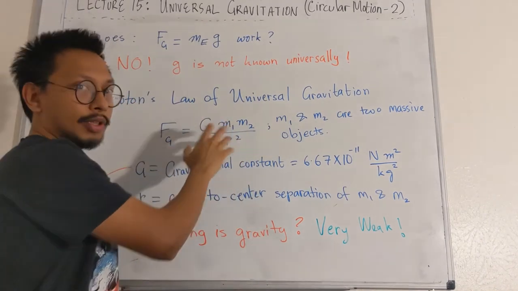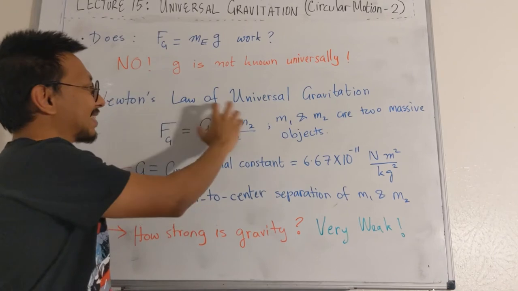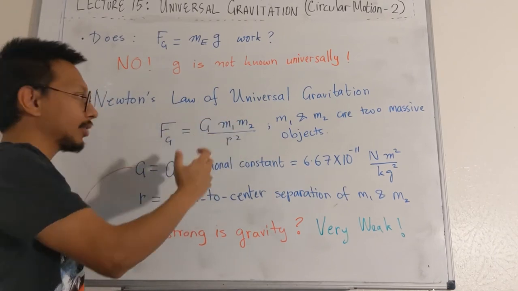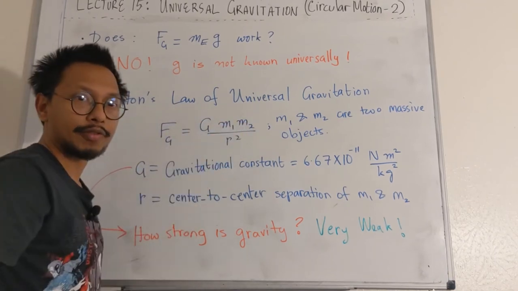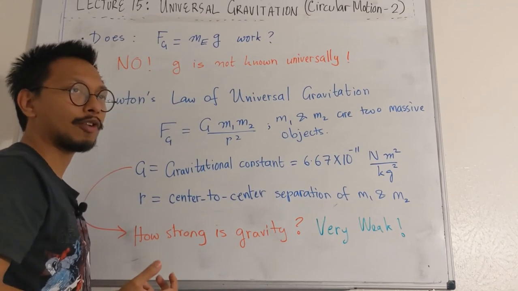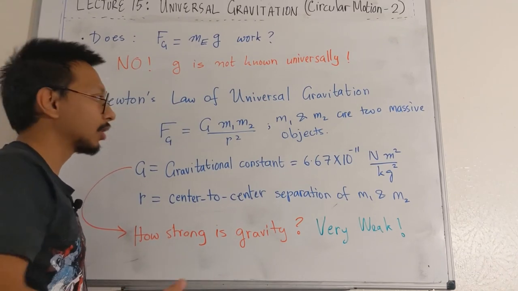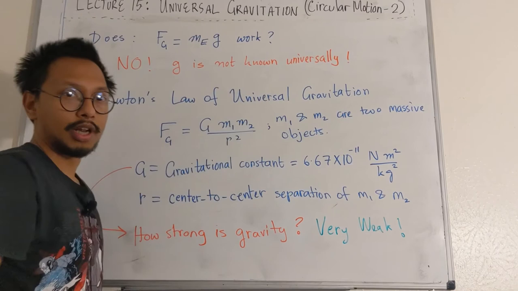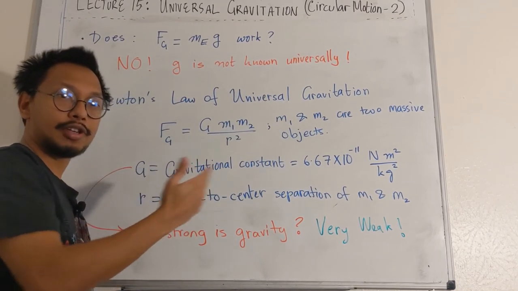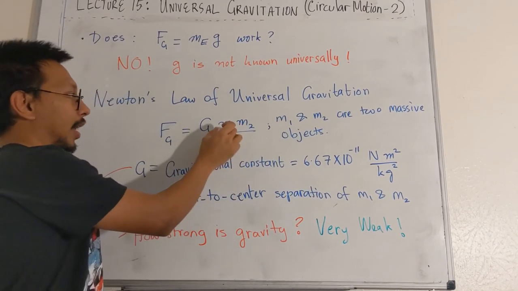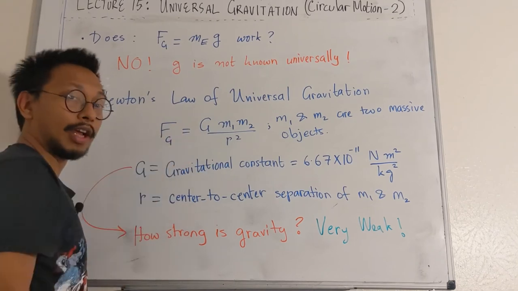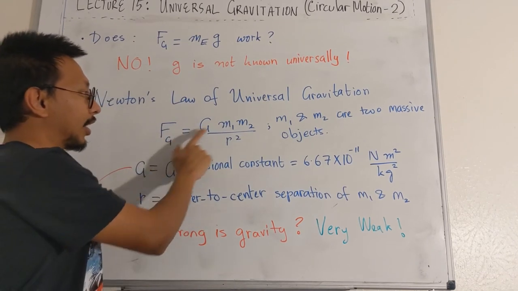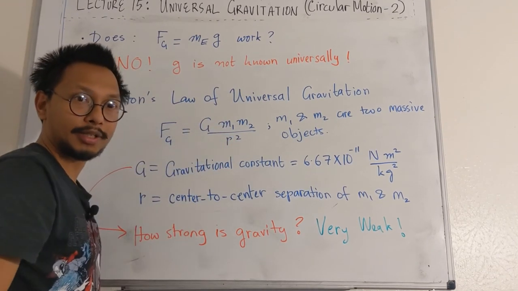Let's talk about this a little bit more. What does this actually tell us? It tells us that any two masses in the universe, it doesn't have to be two planets, it can be two stones, will exert gravitational forces on each other, and the magnitude of that gravitational force is directly related to the product of their masses.